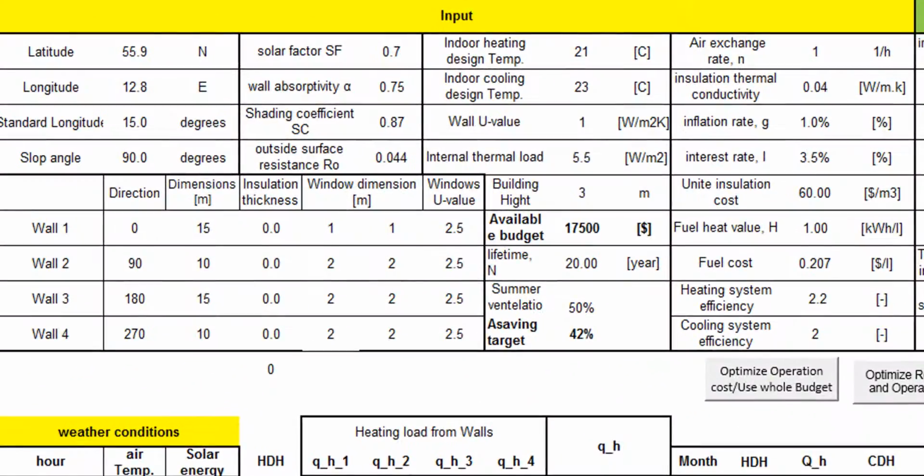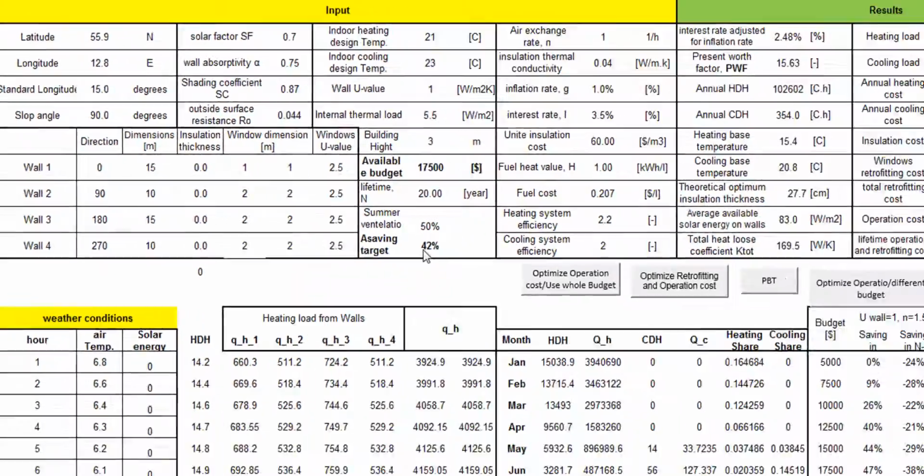We have an input section where we can put information related to the location, the dimensions of the building, the specification of the external shell of the building, indoor conditions, and also internal loads due to lighting, refrigeration, appliances, and people, the height of the building, and also how much we have for retrofitting, and how much we need to save, the saving target.